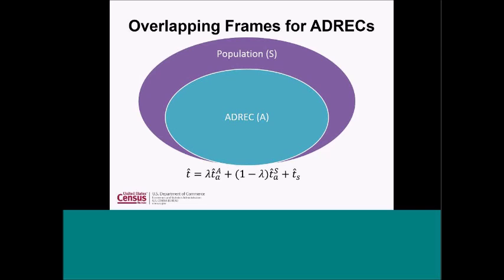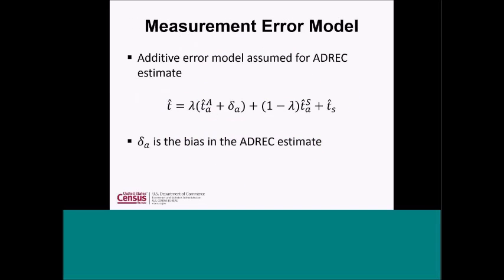So we have this simpler formula, where from the survey we have an estimate of the administrative records area, the blue area, and then the purple that's not in the blue, outside of the administrative records, we have a total that we can only get from the sample that we take.